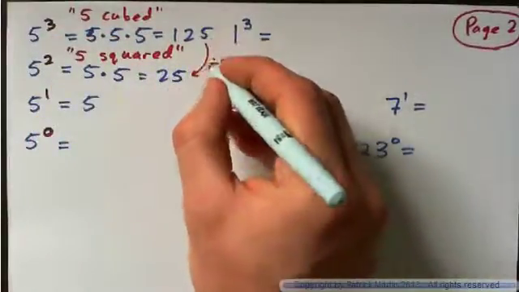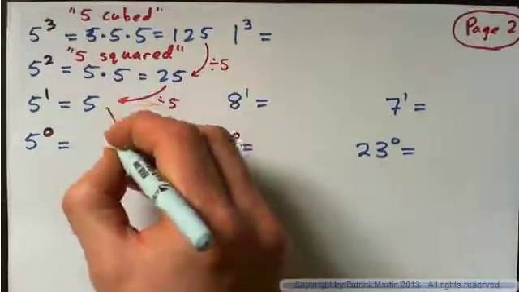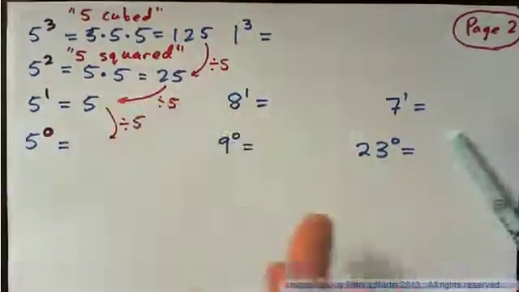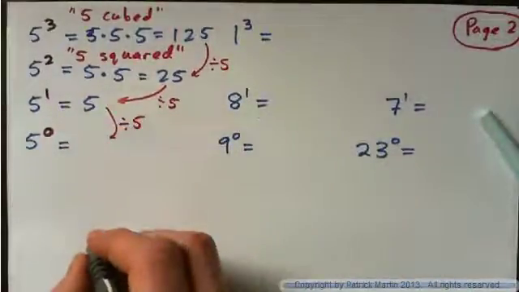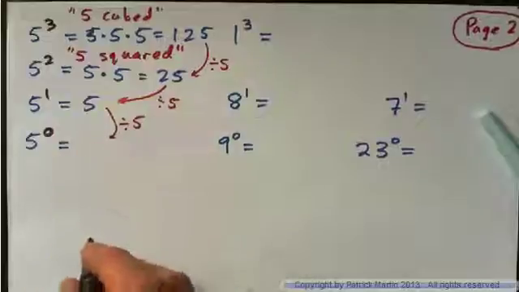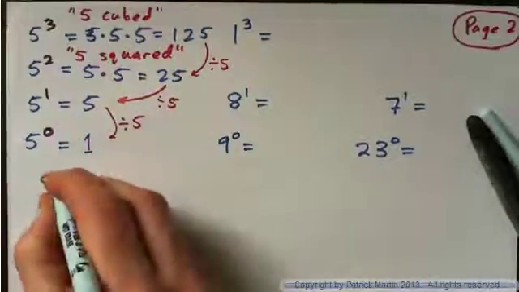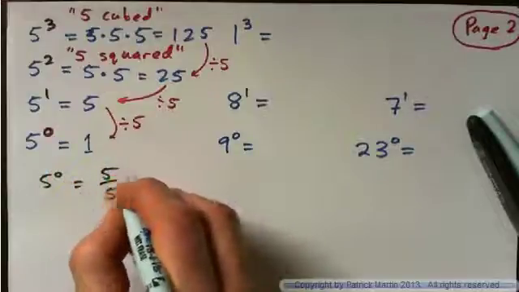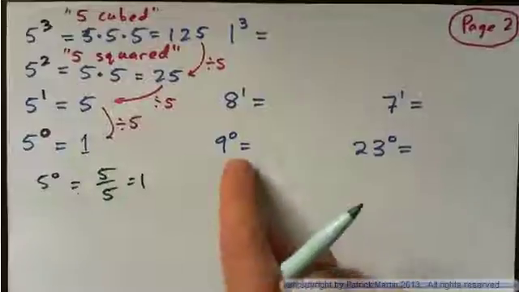So 125 divided by 5 gives 25. 25 divided by 5 gives 5. And 5 divided by 5 gives what 5 to the power of 0 is. 5 divided by 5 is, in fact, what is it? It's 1, right? So, like we showed here, 5 to the power of 0 is, in fact, 5 over 5, which is 1.